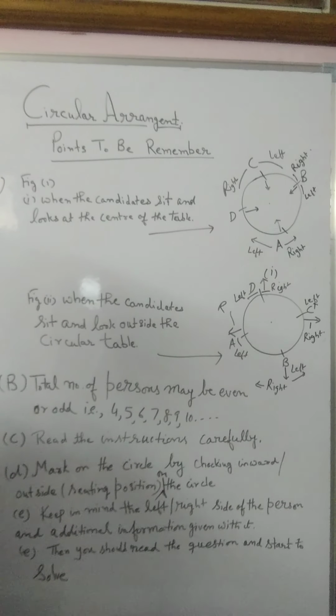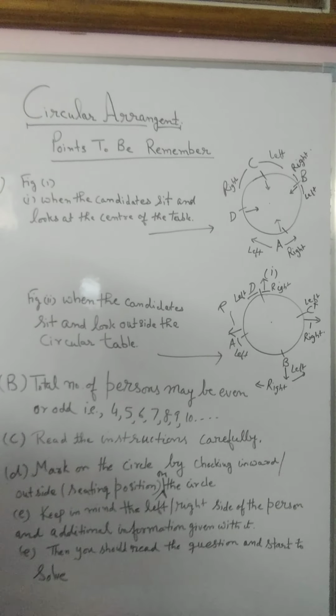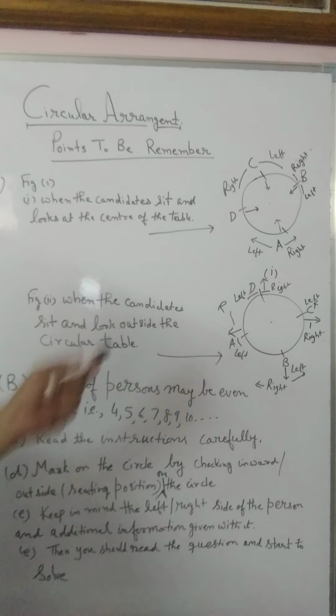Let us come to circular arrangement. Points to be remembered. Number one, see figure number 1. Very important. The figure shows candidates made to sit around a circular table, looking towards the center of the table.